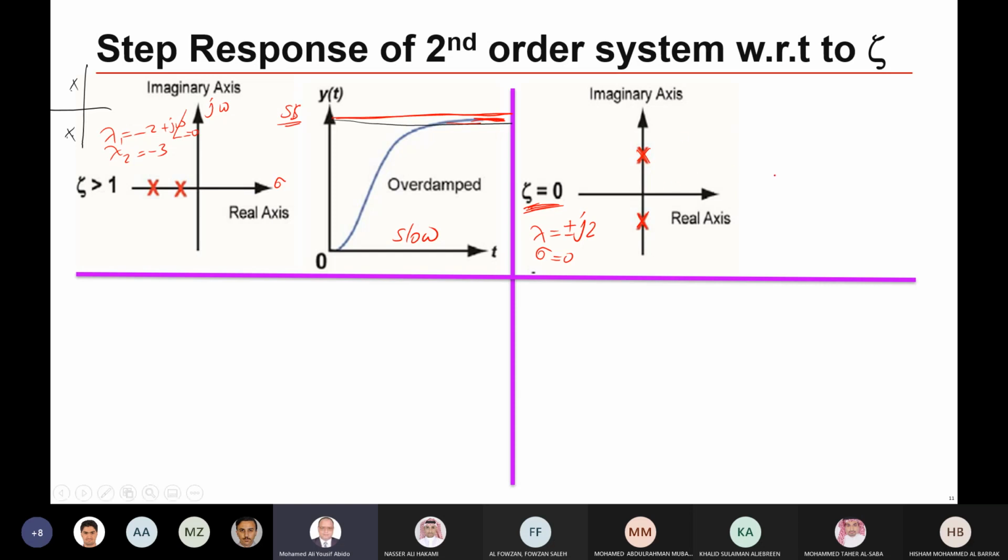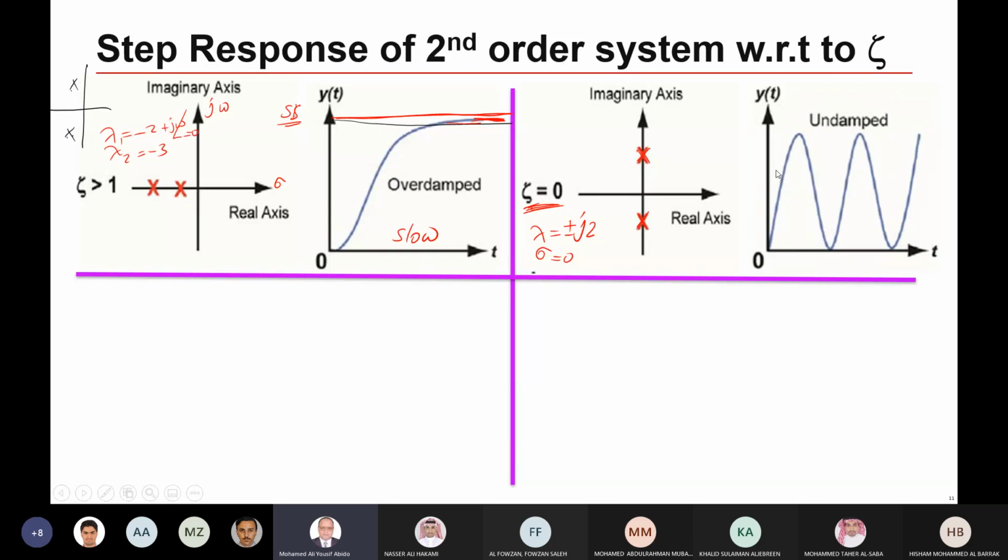And you can have here the response as such. It oscillates without damping, and these peaks are not going to be damped here. So constant oscillation, and you can see here the zeta equal to 0.